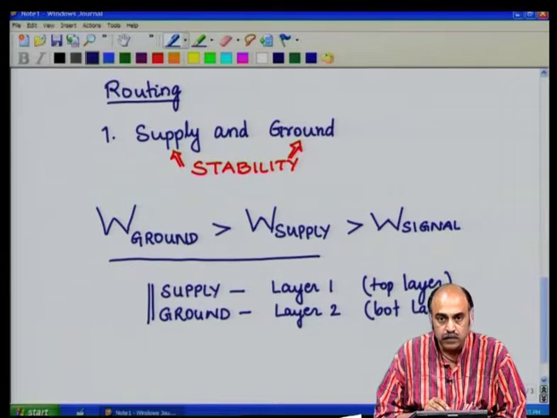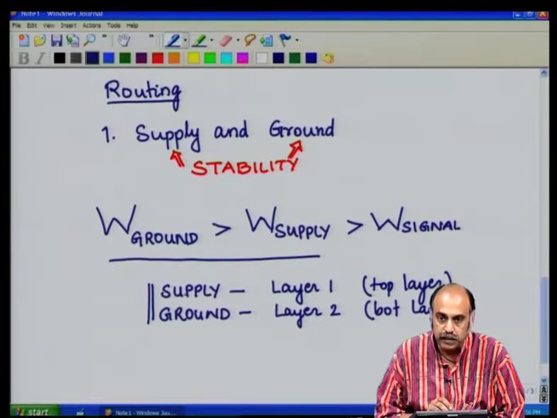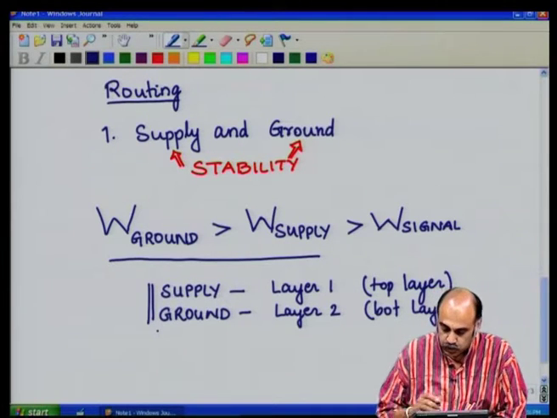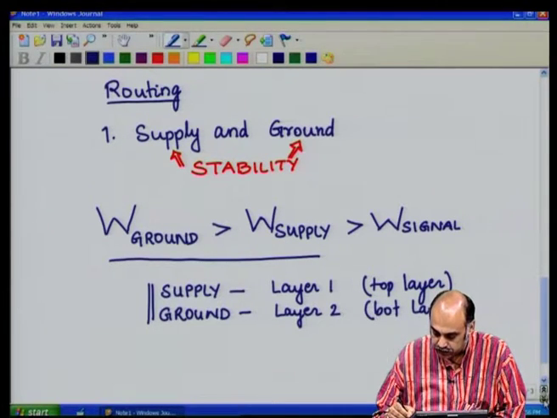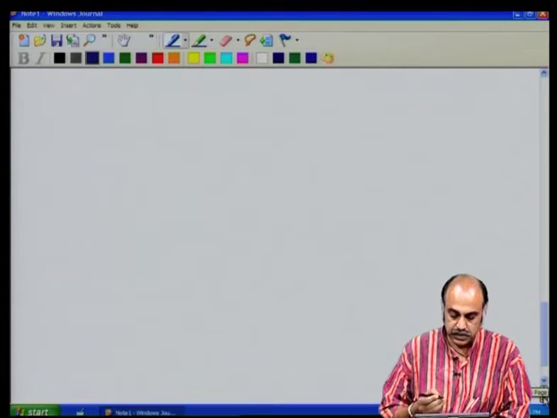You can have, let us say, the supply lines going horizontal, then the ground lines could go vertical and so on, so that you have a crisscross fashion and you can make the interconnections easily.